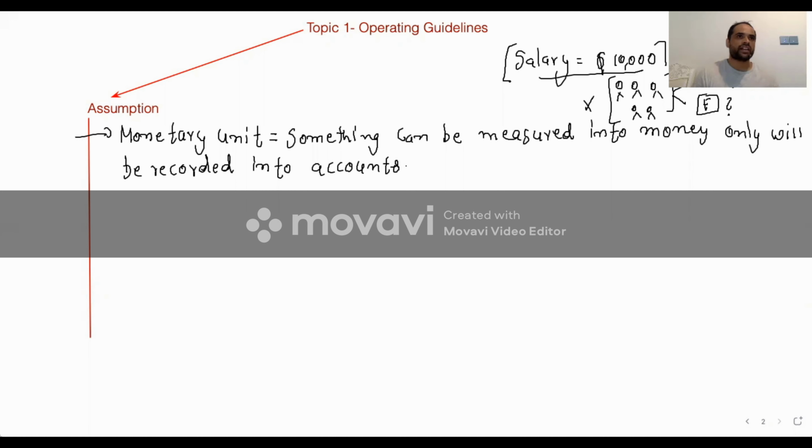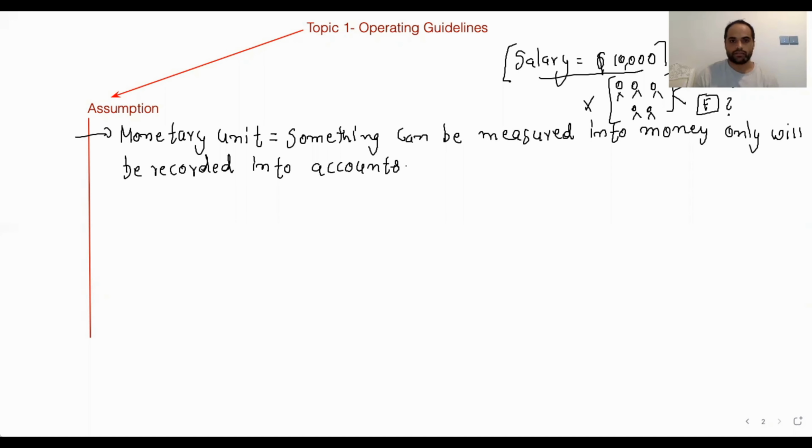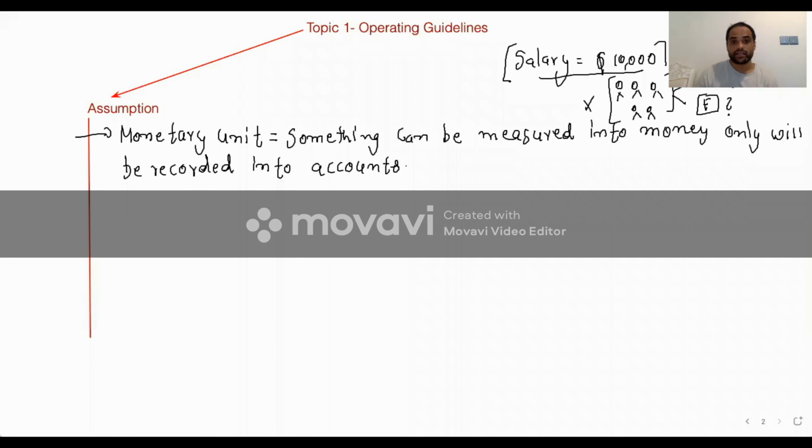But you go to the supermarket and you purchase something, then yes, it affects money. So monetary units means company purchase assets. Is it monetary units? Yes. Borrow money from bank, monetary units? Yes. Produce product, monetary units? Yes. Sell product, monetary units? Yes. Because all these kind of items and things you can estimate in form of money.